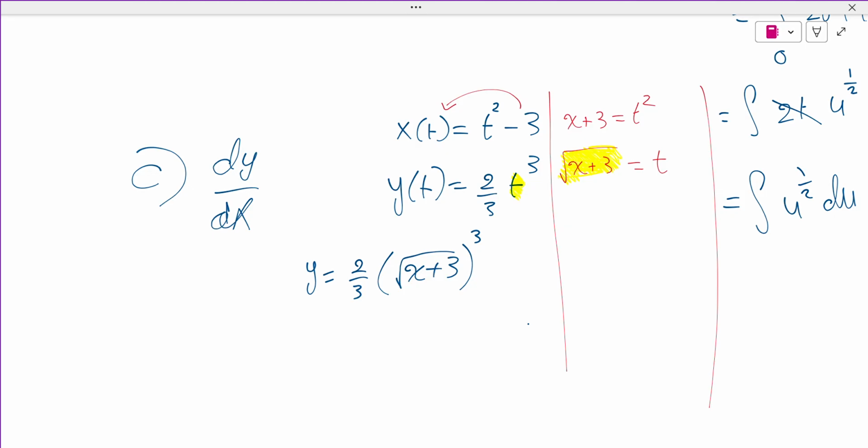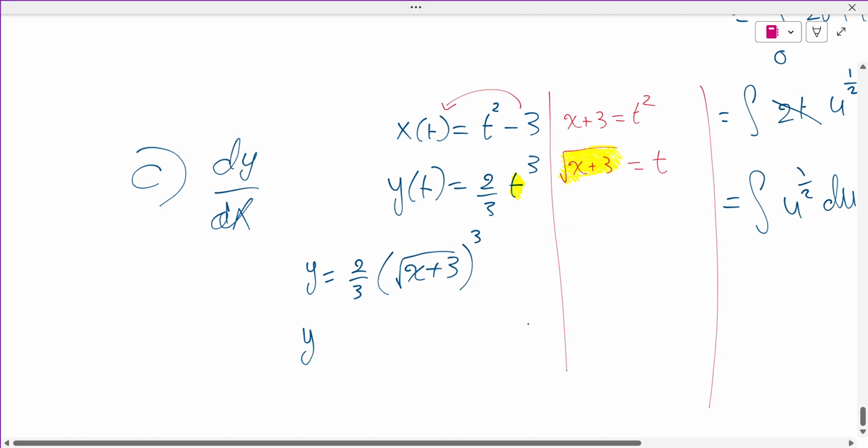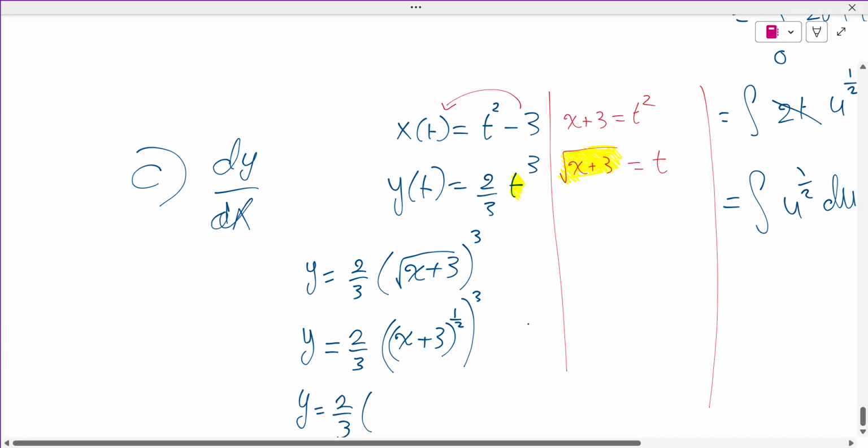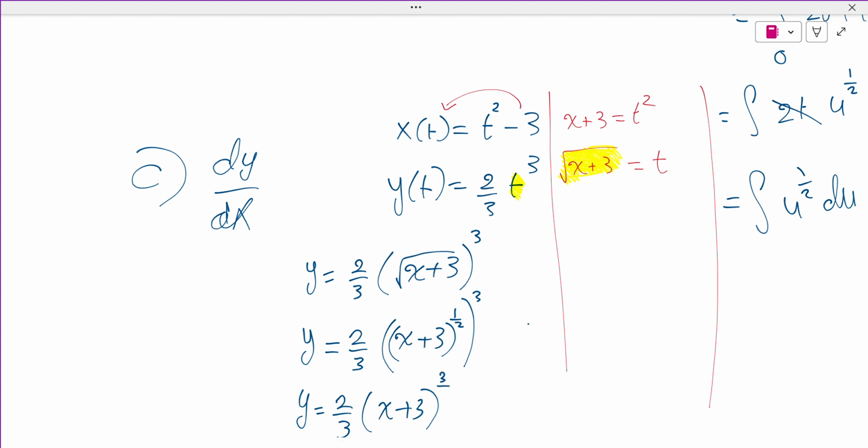And this is y equals 2 over 3 times x plus 3 raised to 1 over 2, all raised to 3, because the square root is an exponent of 1 over 2. When we have double power, we just multiply them. So this is 3 over 2.